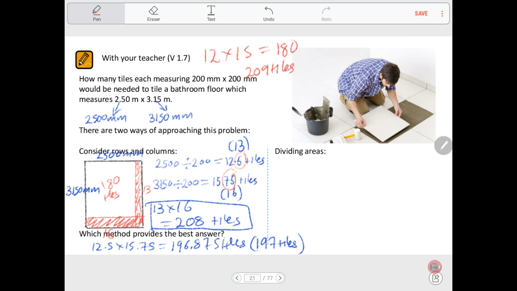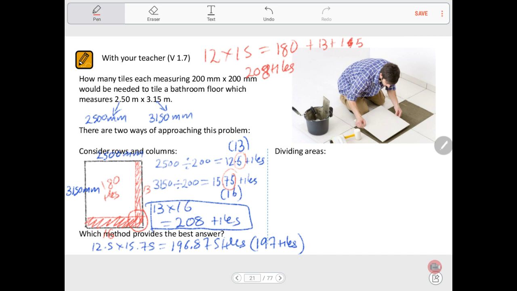Okay, so there's one way of looking at the problem. Probably don't need that 209 tiles because we've got that overlap in there. So it probably is still 208 tiles when we add the 180 plus 13 plus 16, but we've got that overlap, so we probably only need 208 tiles after all.